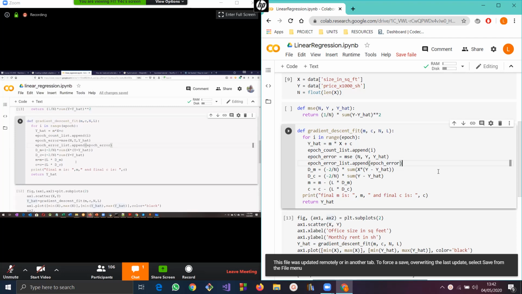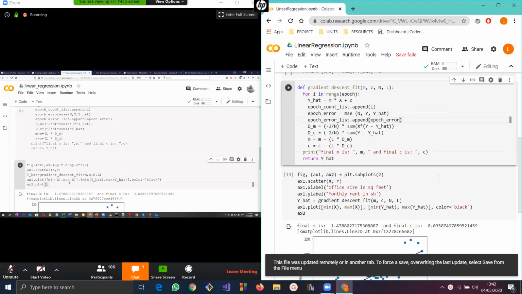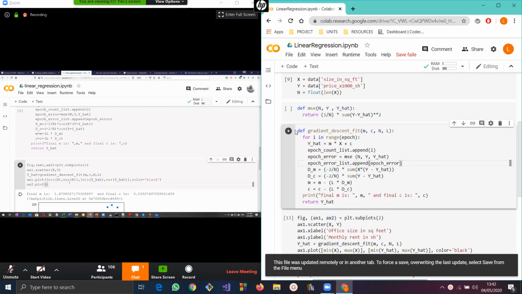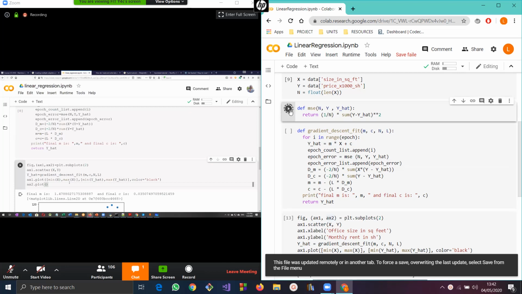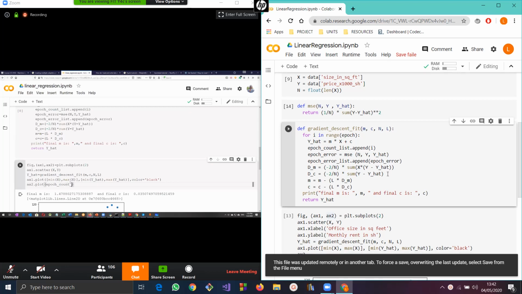Fine, so then down here, axis 2 is going to plot what is sitting on the x-axis. So I can just say epoch count list.